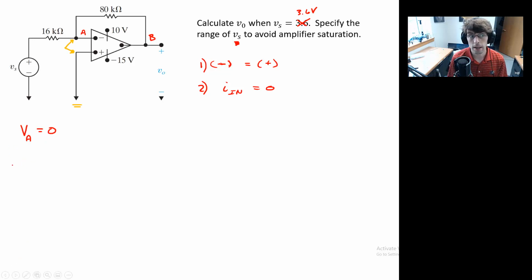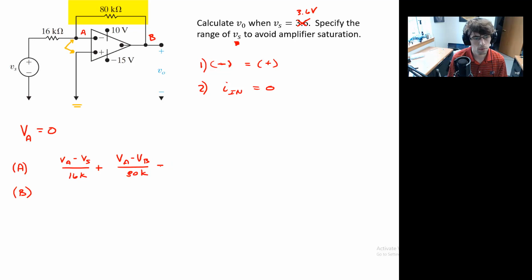Let's go ahead now. We have two more things to write down. We need to write down the node voltage equations for both A and B. Let's go ahead. So for A, okay, we have the left branch, and we're assuming that current is flowing out from A. So we have VA minus VB over 80K.